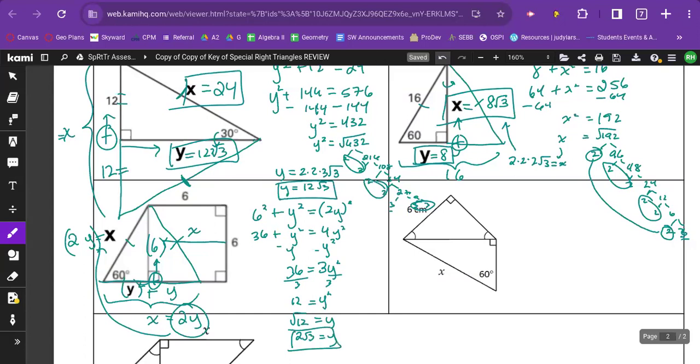And then this one looks like I need to solve for two sides. So I'm going to solve for this y first because it's on my shared side. So I've got the square going down here, which means that all of these side lengths are equal.